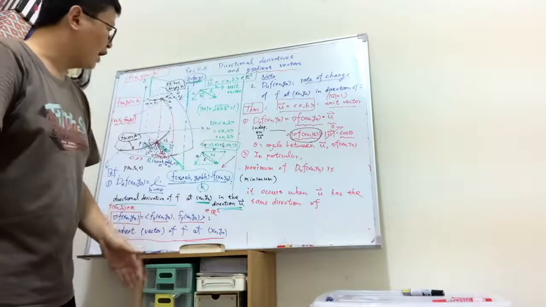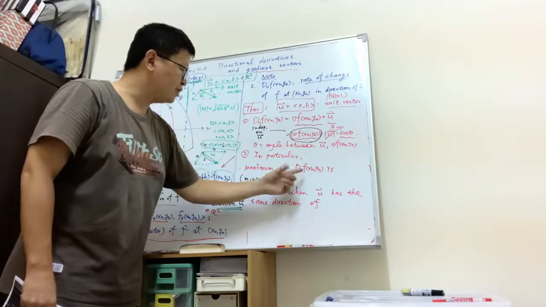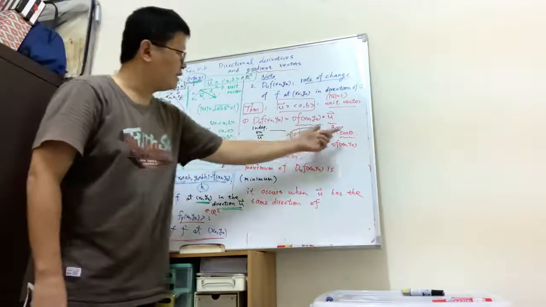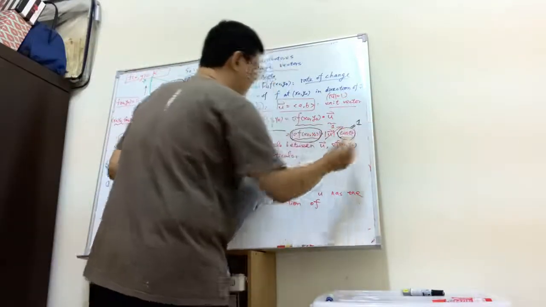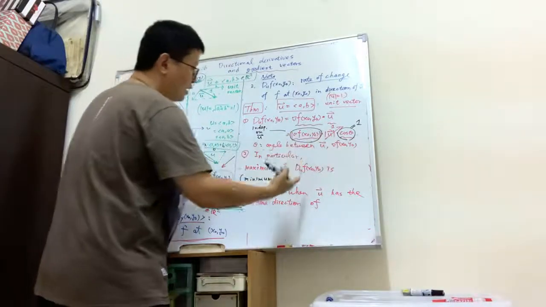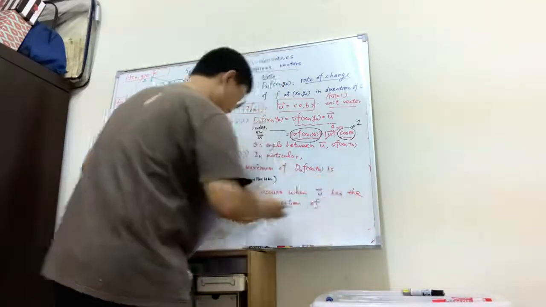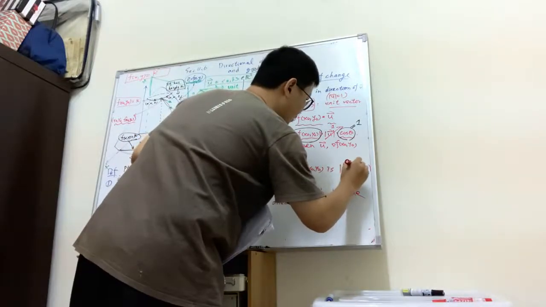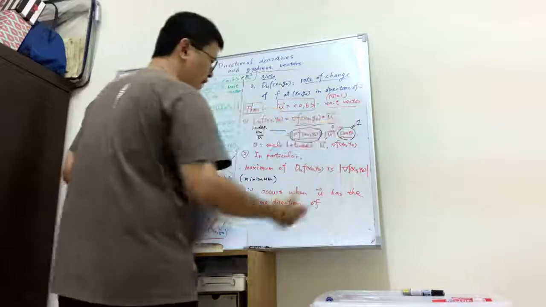Now we want to know for which unit vector u the directional derivative is maximum. That happens exactly when cosine theta equals 1. When cosine theta equals 1, this part is 1 times this guy, so of course it's the maximum, the length of the gradient f(x0, y0).